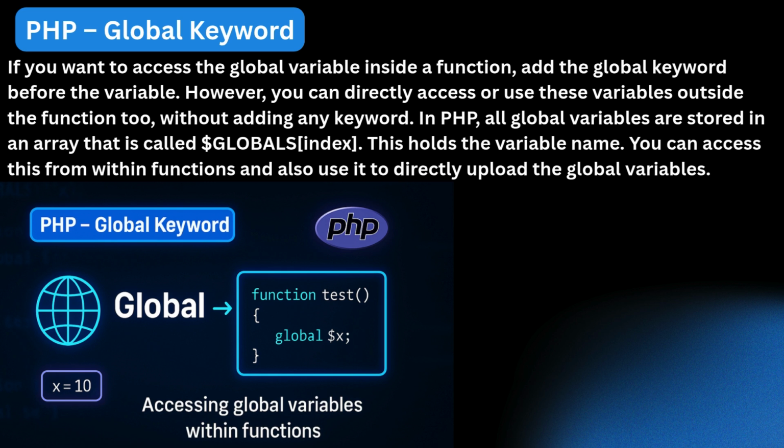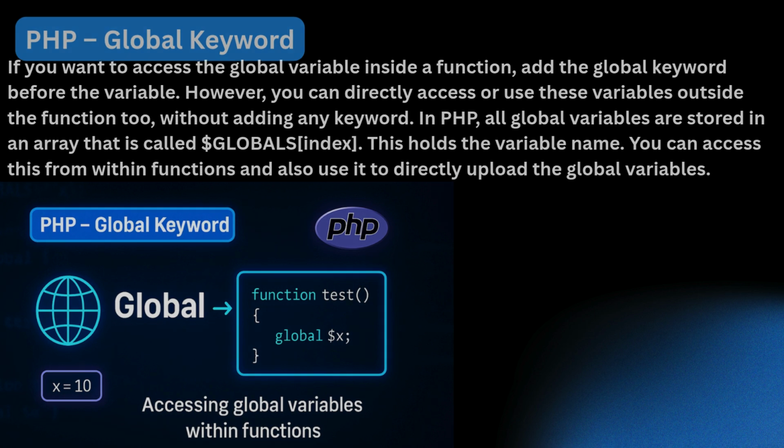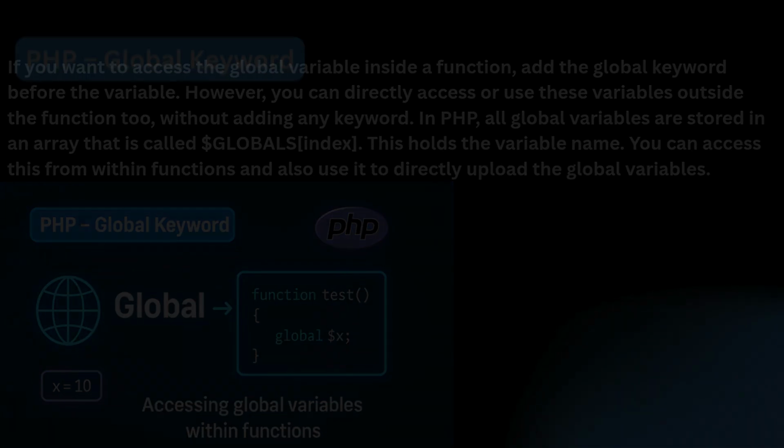The image here visually represents this concept. The globe icon represents a variable with global visibility, and the code snippet shows how to access it within a function using global $x. This simple concept is essential when you want your functions to share or modify data that exists outside their local scope, a common need in dynamic PHP programs.